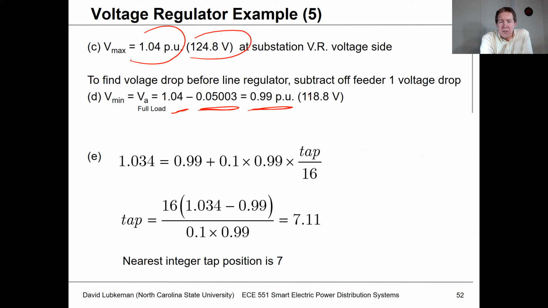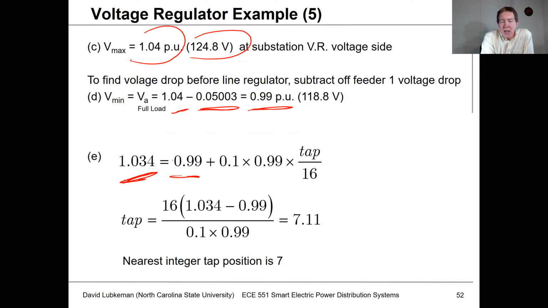All right. So I've double checked different places in the circuit to make sure my maximum voltages are within range and my minimum voltages are within range. One other thing I could do is check what my tap position is. So I've got 1.034 coming out of the regulator and 0.99 going in.